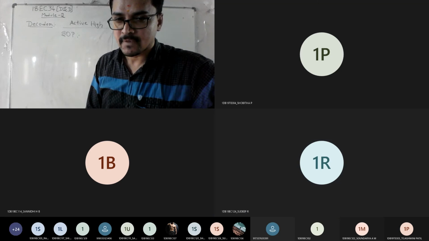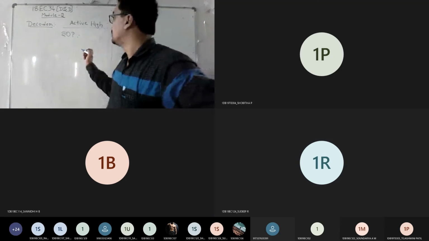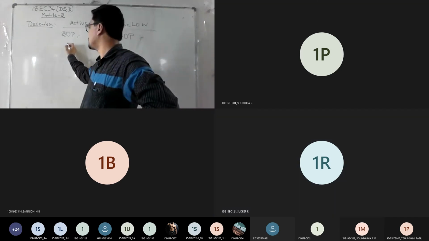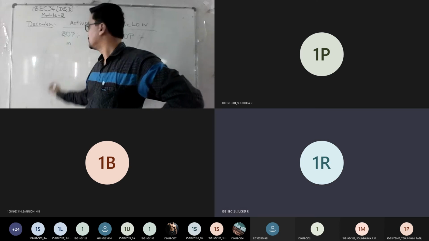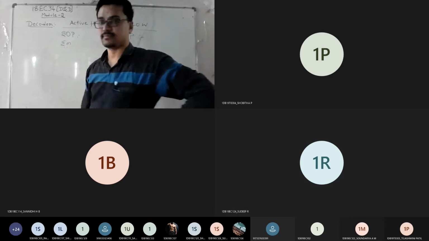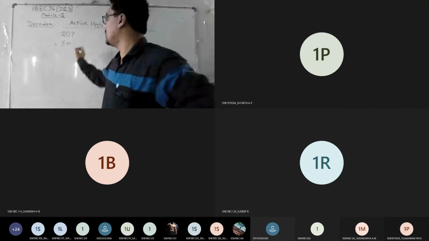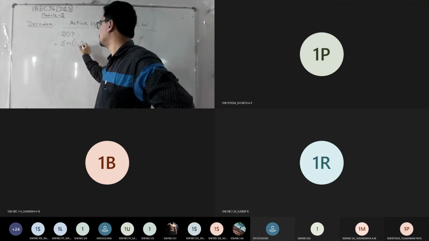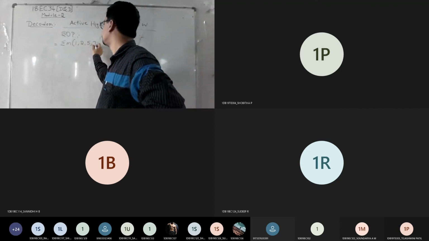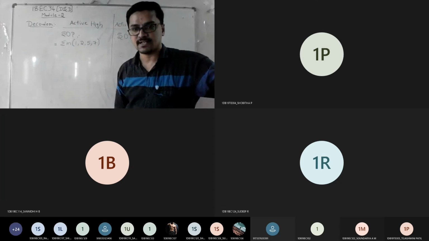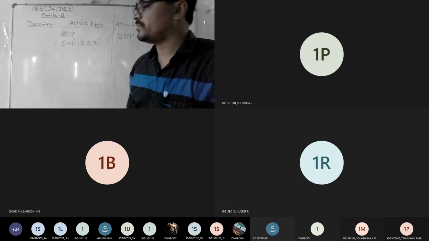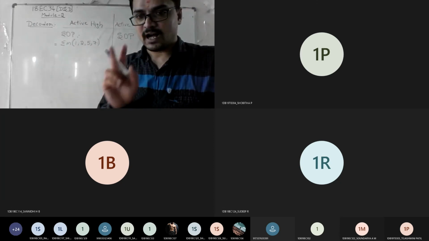Logical one, A into B into C, with symbol small m and a summation. Assume the function with summation small m is given as some numbers. They will give numbers like this and ask you to implement it.